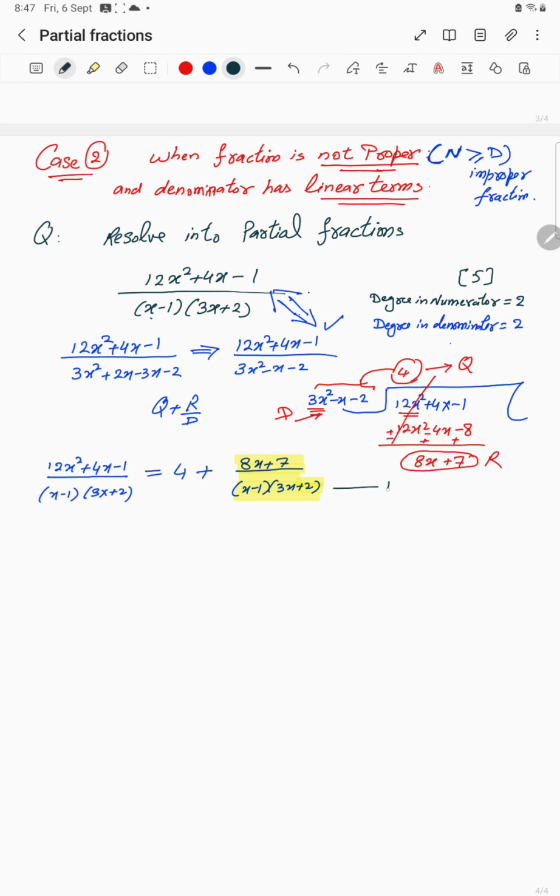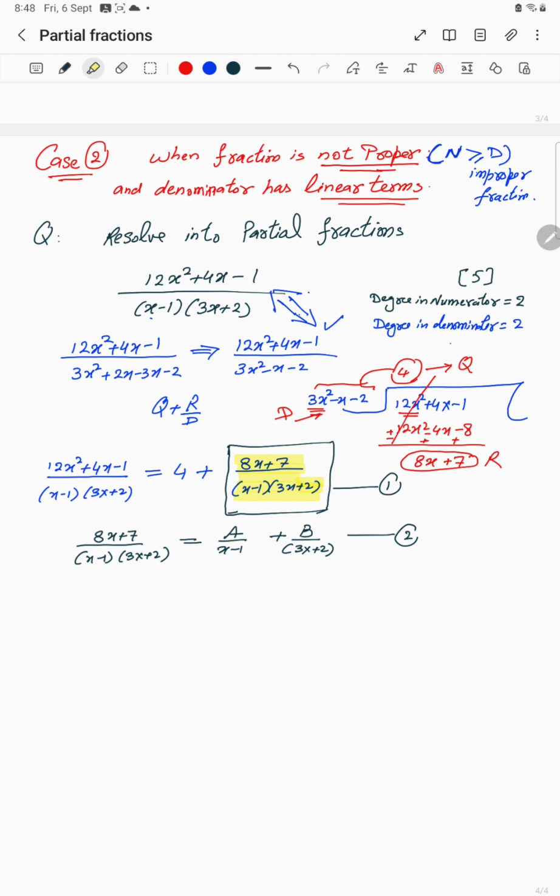Suppose this is equation number 1. We need to find the solution of this fraction, which can be resolved: 8x plus 7 whole divided by x minus 1 times 3x plus 2 will be resolved into A divided by x minus 1 plus B divided by 3x plus 2. Because both are linear in the denominator, you can write a single alphabet each. Now suppose this is equation 2.